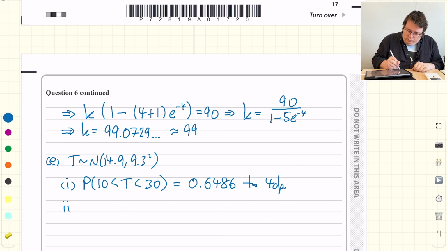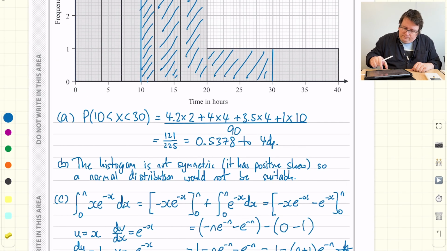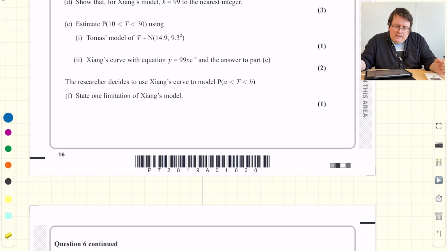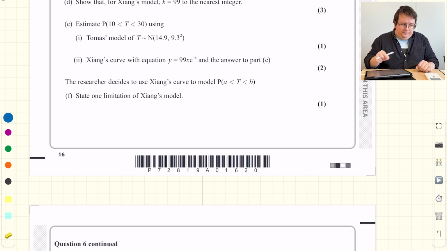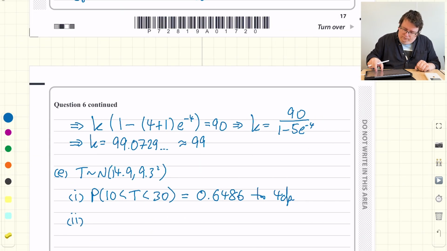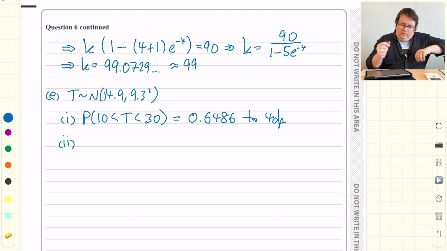And then part 2, what was part 2 saying? We've got to estimate it using Xiang's curve with equation y equals 99x e to the minus x and the answer to part C. So here we're going to be integrating.